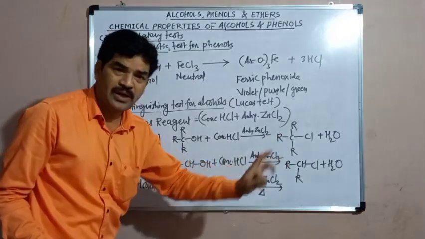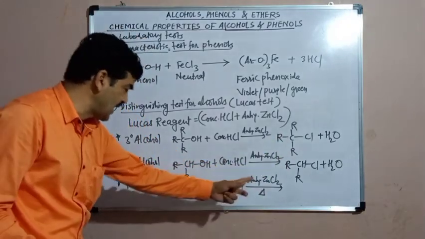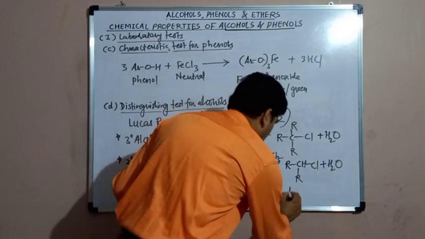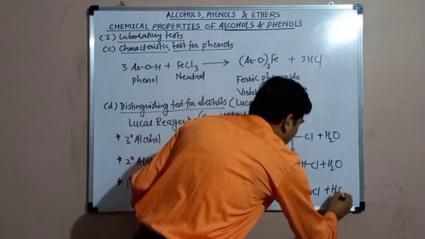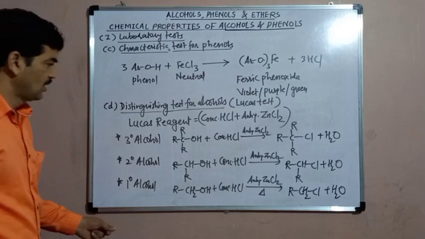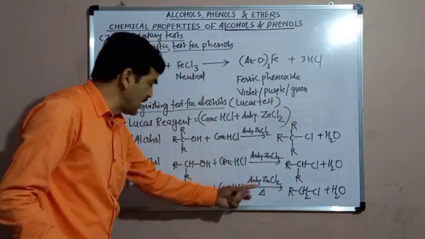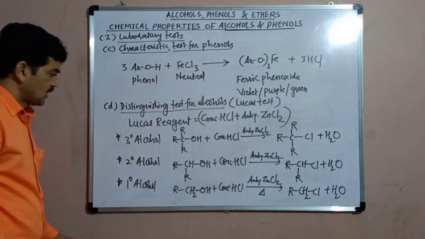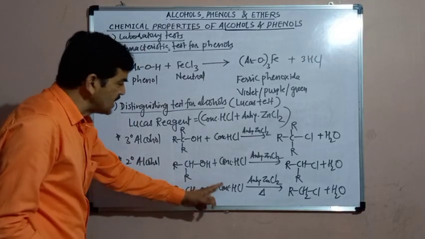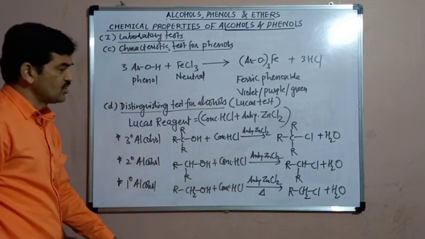Without heating, the turbidity doesn't appear. After heating, the turbidity appears, meaning the formation of the alkyl chloride occurs after heating. This means the primary alcohols are much less reactive with the Lucas reagent.